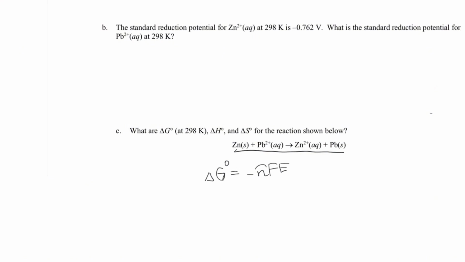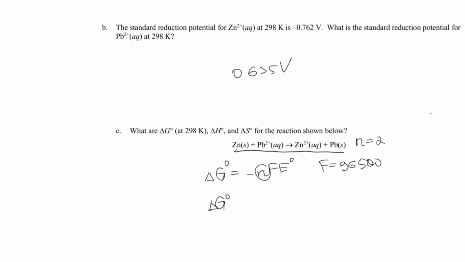The number n is the number of electrons transferred, so in this case n is equal to 2. F, Faraday's constant, is equal to 96,500. And E standard, we already found it. It was equal to 0.635 volts. Knowing all of this information, we can find our delta G.